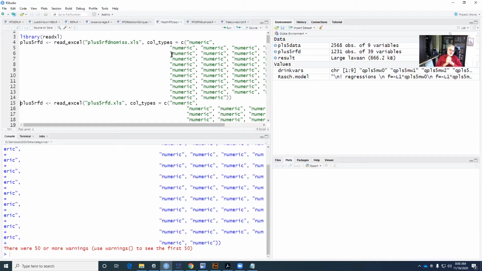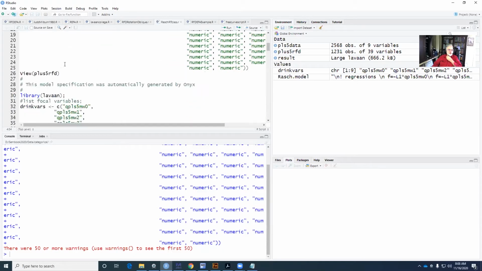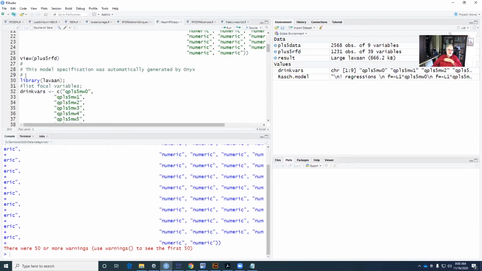So you have to go in and slap its little hands and say, well, actually, no, each of these columns are in fact numeric. The other fix around that is to go in and change all the dots to uppercase NA. That'll also work as well. You won't need this command. So, I then view the data set.